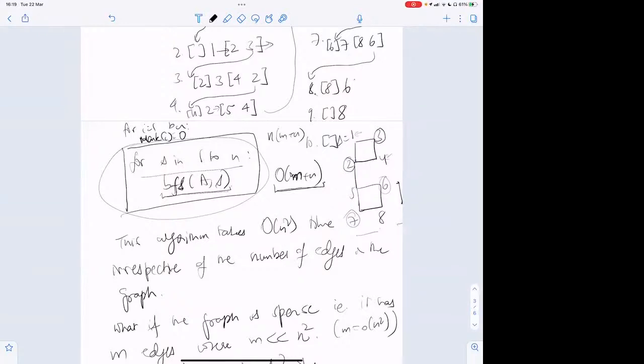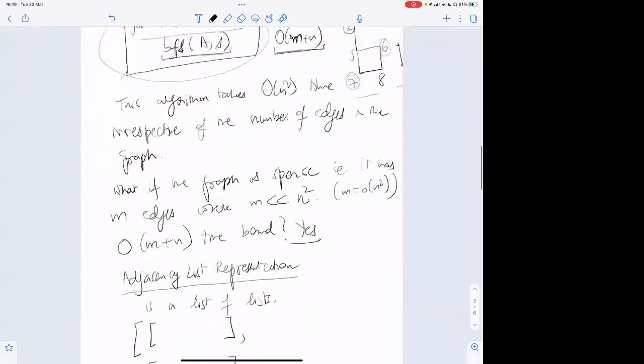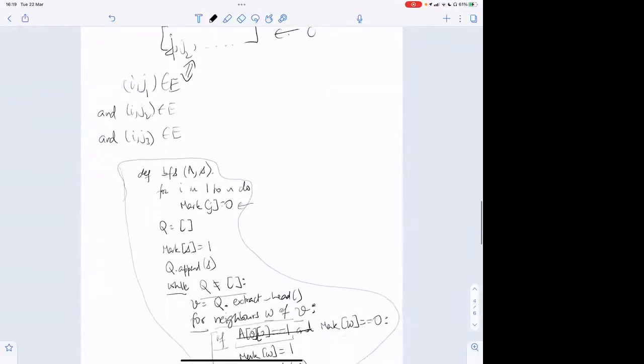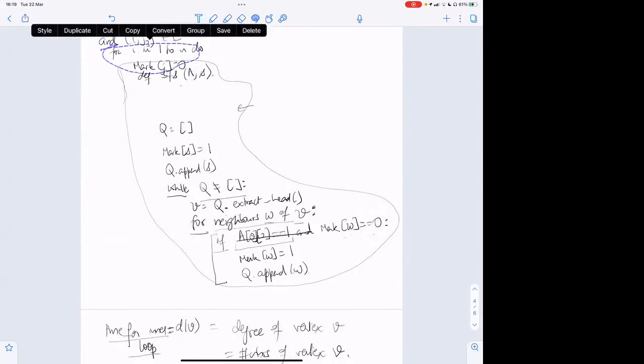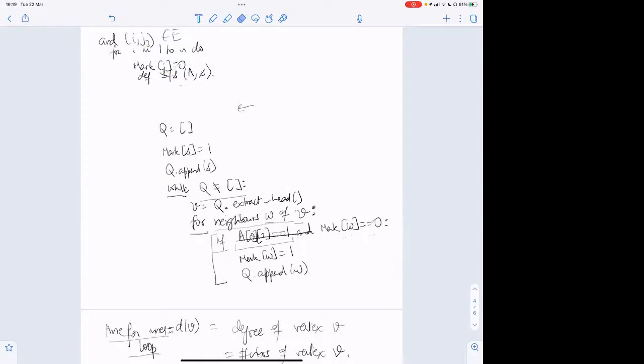Now everything will be marked. But now you can say that instead of marking it with 1, let's say I mark these with s: mark s equal to s and mark w equal to s.